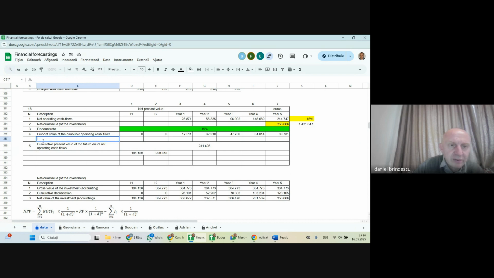So present value of the residual value: residual value over 1 plus the discount rate at the power of 7.